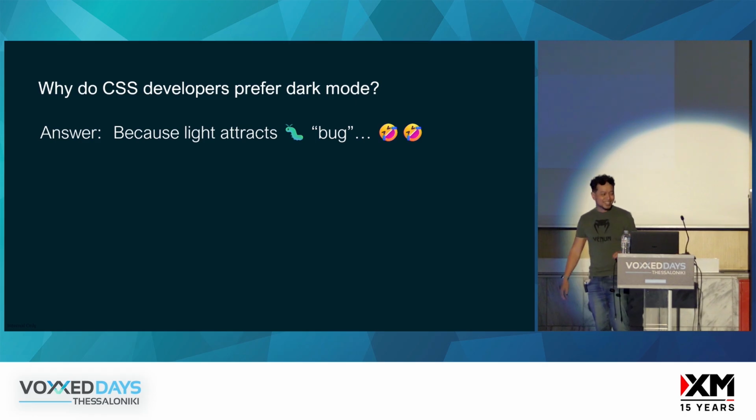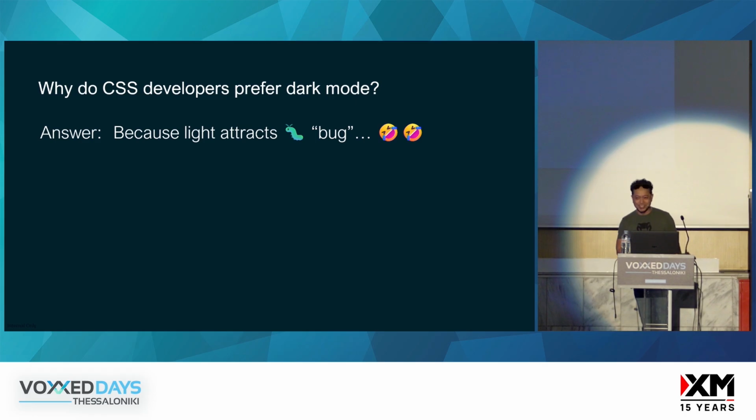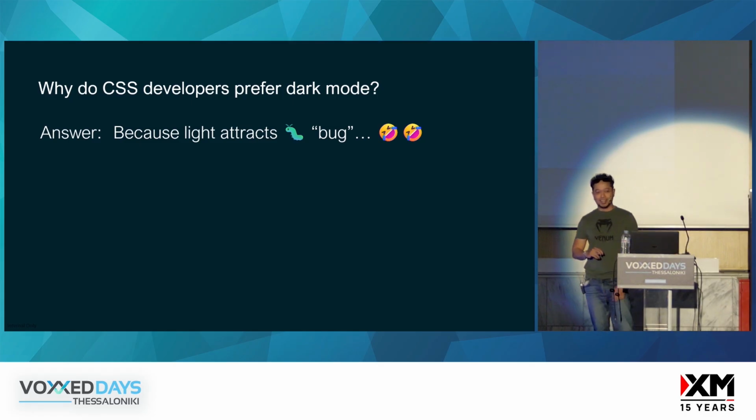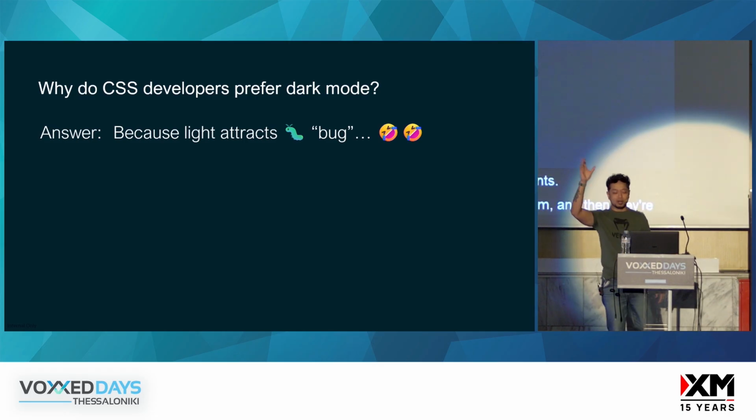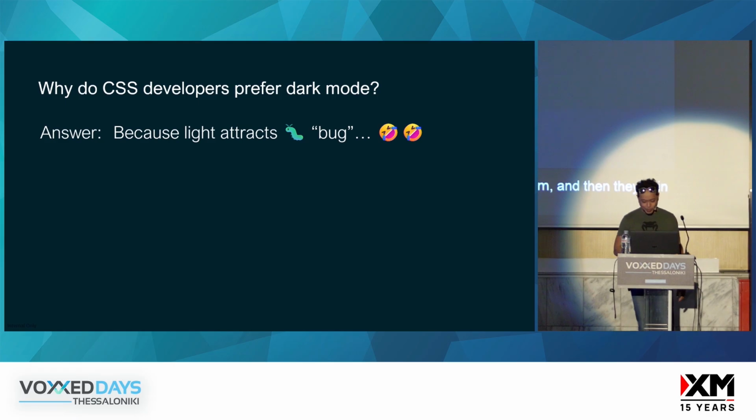That's why a lot of CSS developers don't want to use light mode. Especially if you're in Asia, you're going to have these flying big ants that migrate, and there are thousands of them in your light bulb or on your PC. You don't want that.